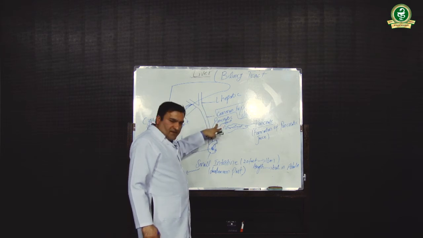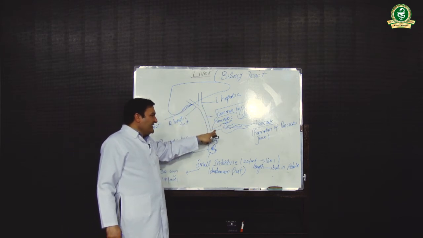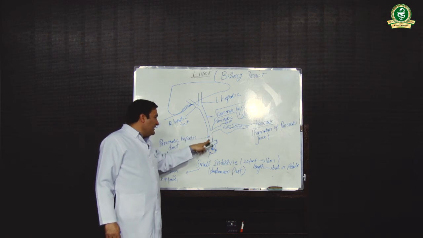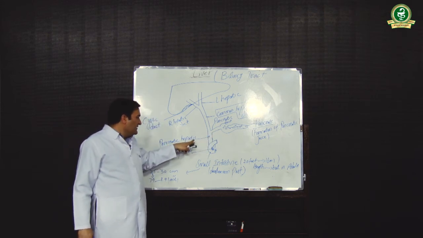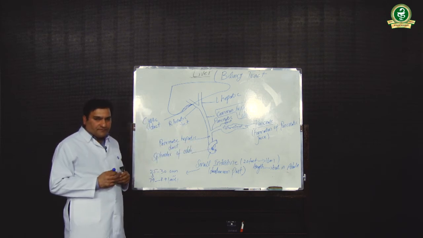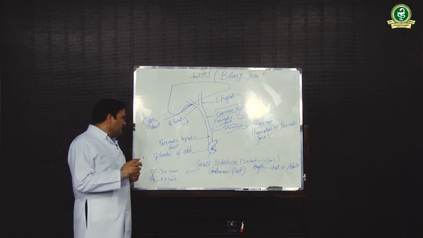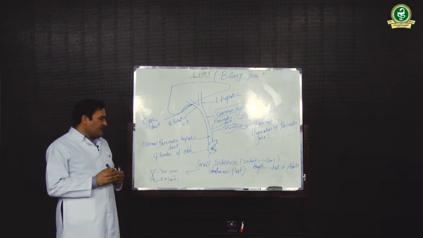Pancreatic juice also comes out from the pancreas, and that duct is known as the common pancreatic hepatic duct.